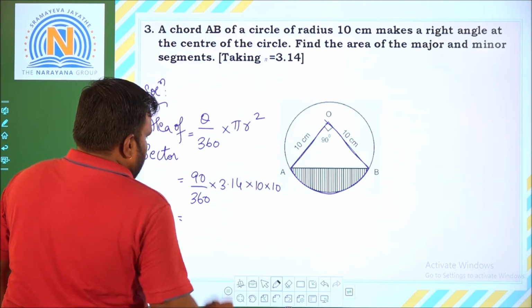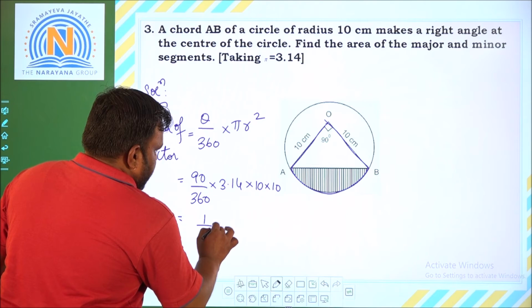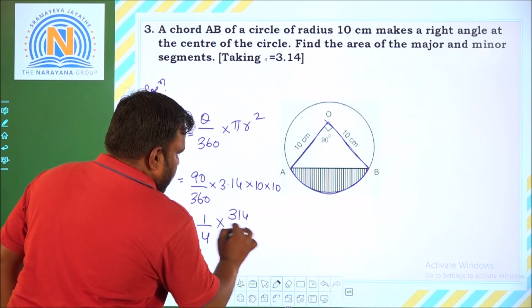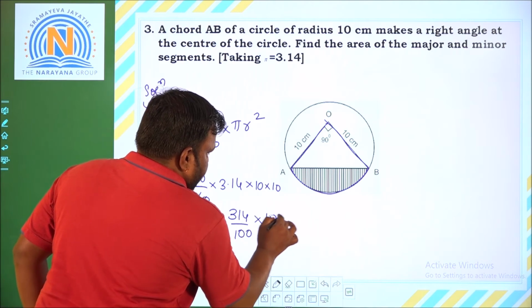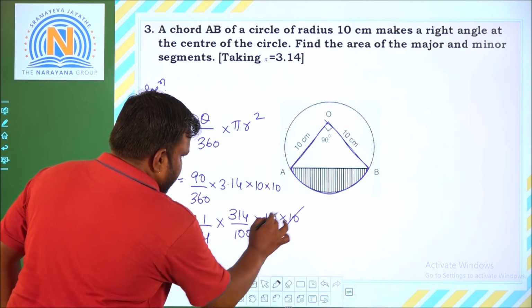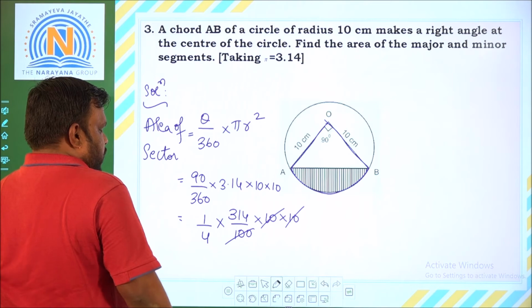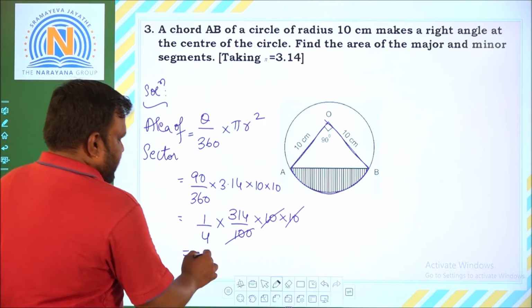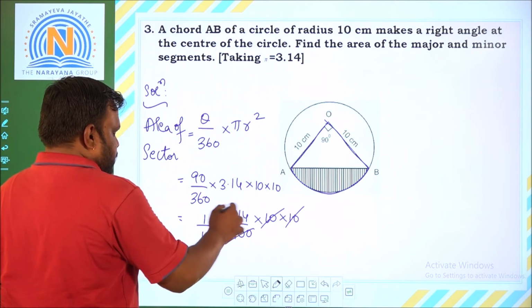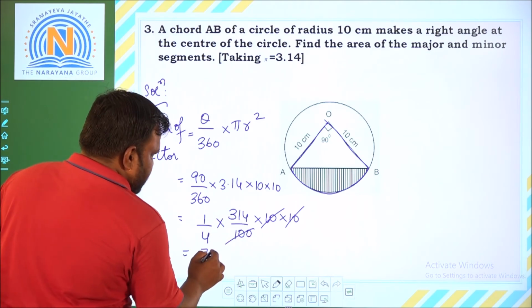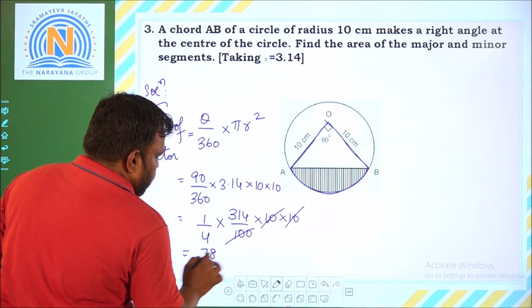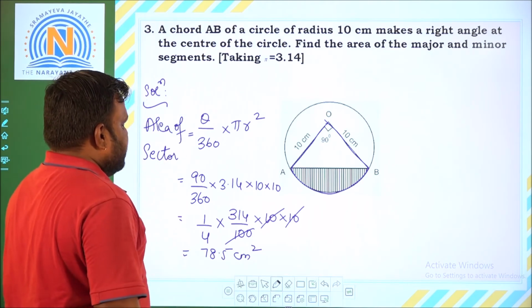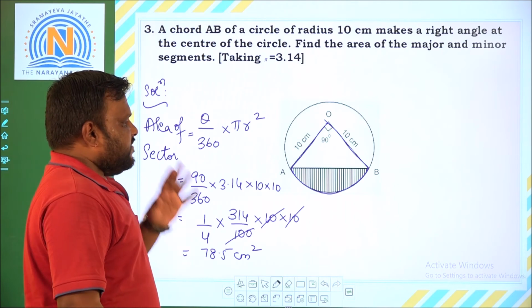So in this, 1 by 4, 90 by 360 into 314 by 100 into 10 into 10, the 10 and 10 cancel against the 100. So I will be left with 314 by 4. That is nothing but 78.5 square centimeters. This is the area of the sector.